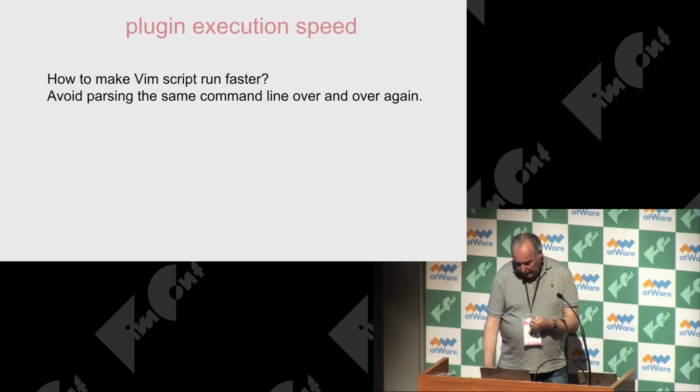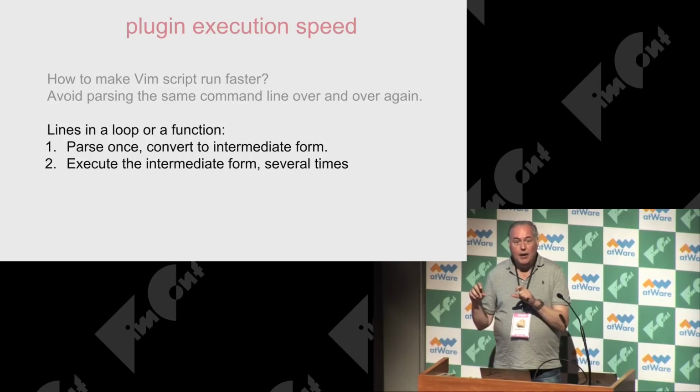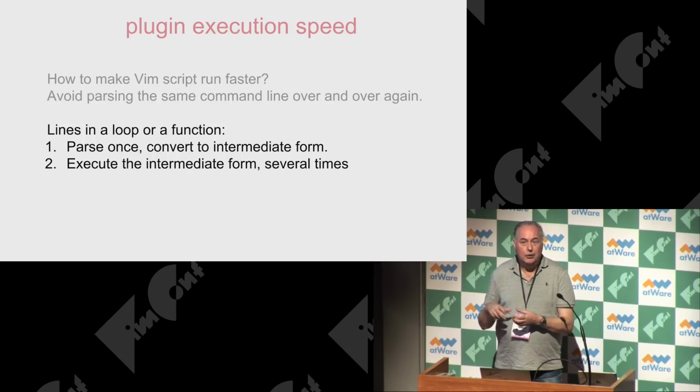So instead of doing that, you could parse every line, it's just text from the start, and sort of half compile it into something that doesn't need to be parsed again. And then that intermediate form can be executed over and over again. So you would parse the text line, put it in an intermediate form, and then later when you execute the function, you execute the intermediate form. That should be a lot faster.